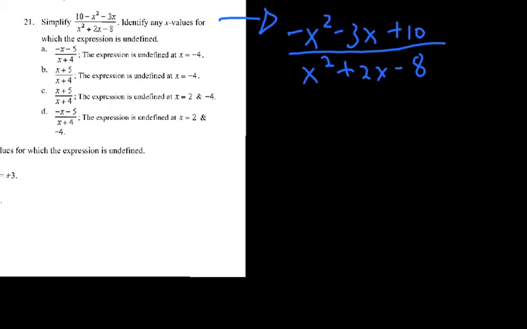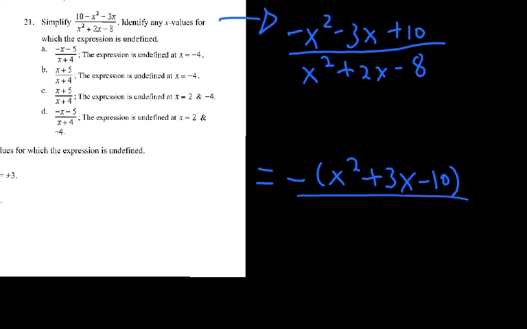Now on the top we do have a negative in front of the x squared, so first you want to factor out the negative. So let's do that. Here's the negative. Change the signs of the trinomial because you factor out a negative. And the bottom stays the same.